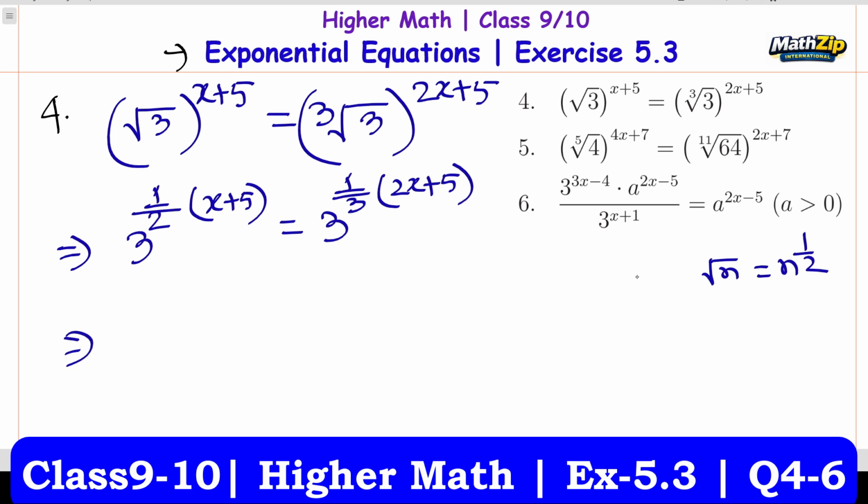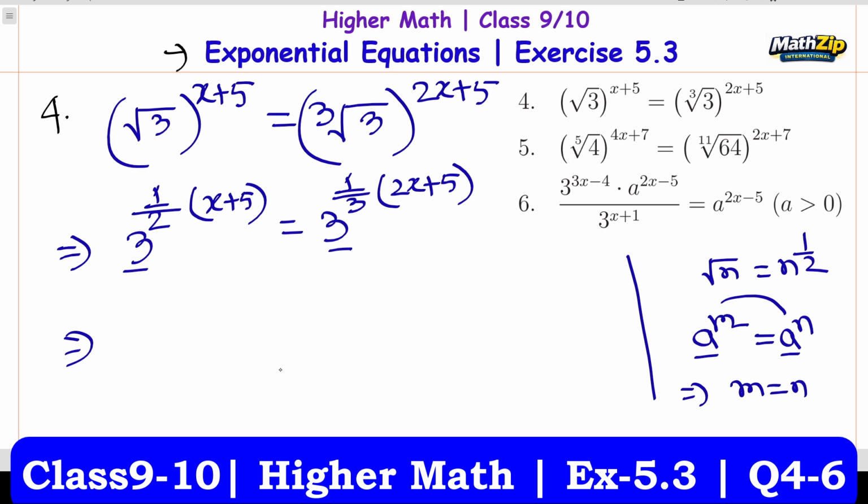We know once bases are the same, a to the power m equals a to the power n, we can write m equals n, because once bases are the same, the powers will be equal. So in this case 3 and 3 bases are the same, so we can write x plus 5 by 2 equals 2x plus 5 by 3.